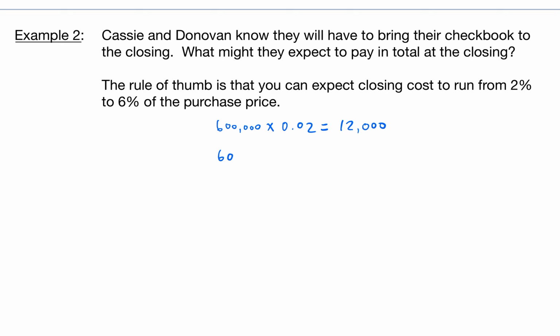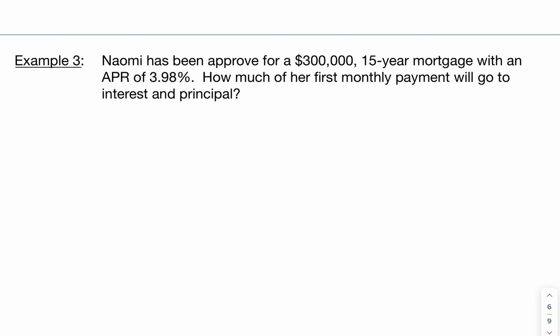And then we could also take 600,000 and multiply that by 6%, and that's going to work out to $36,000. And so Cassie and Donovan should expect closing costs to run between $12,000 and $36,000. Okay, all right, let's go ahead and move on to example 3.